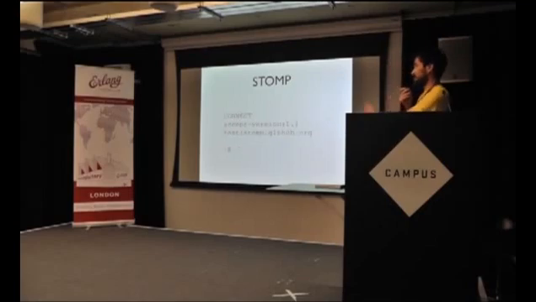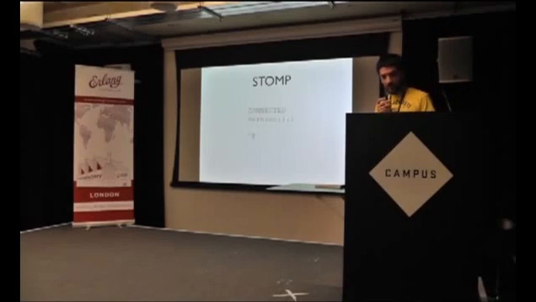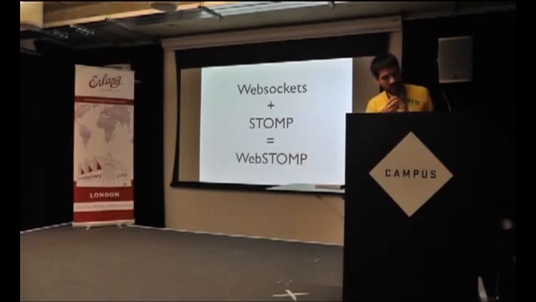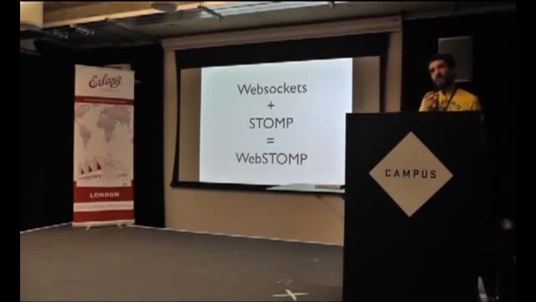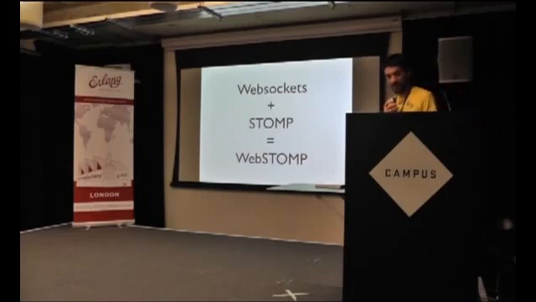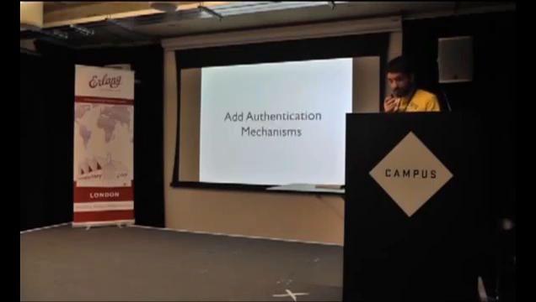And for example, that's the connect part of Stomp and so on. And that's what you get back. So then somebody else said, okay, we have Stomp, it's a very simple text protocol, we could put WebSockets there, and then we get WebStomp, and that's another plugin. So you can do web messaging using that plugin.